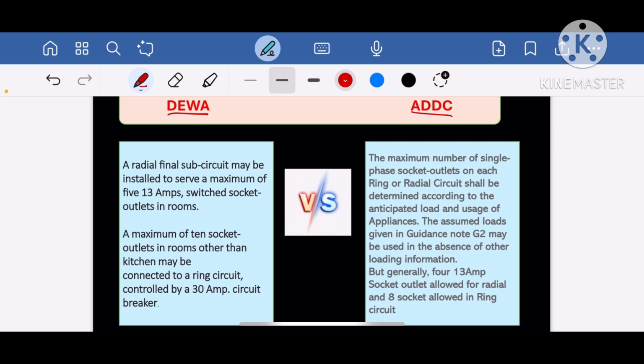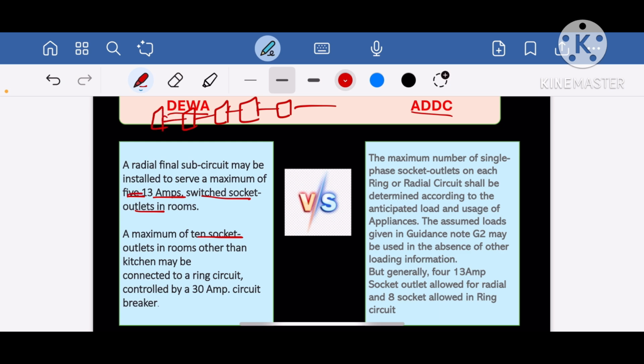A radial final sub-circuit may be installed to serve a maximum of 5 13 ampere switched socket outlets in a room, and a maximum of 10 sockets are allowed in a ring circuit. What DEWA says is, suppose there is a radial circuit, then we can add a maximum of 5 single sockets.